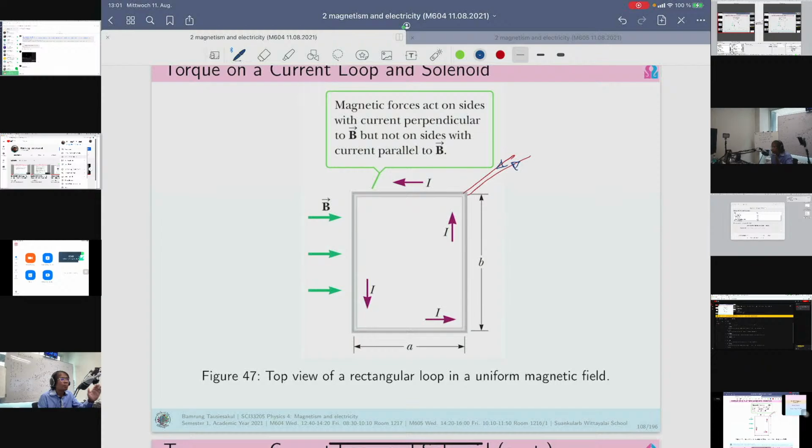We go ahead with the next page. This is the side view. It's the same thing, but we look at it from a different perspective, from a different angle.